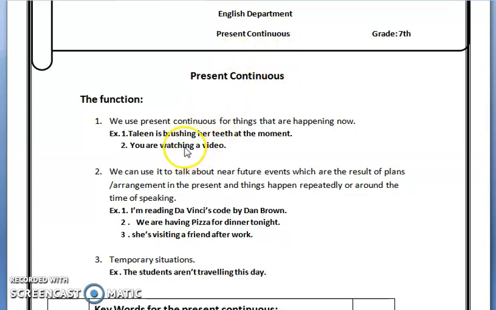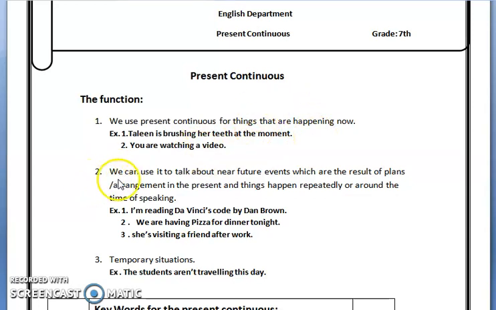Why do we have the ing at the end of watch? We have it because the person is watching the video right now, at the time of speaking. So it's something happening right now. You are watching a video resembles something happening right now.